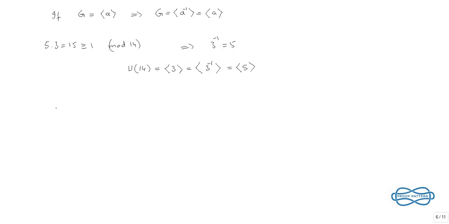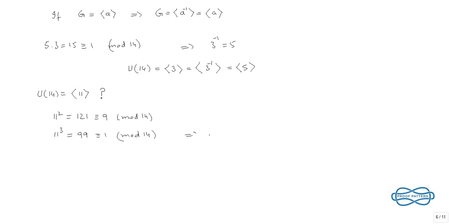Now we have to check whether the unitary group under multiplication modulo 14 can be generated by 11 or not. This is the next part of the question. We take 11 squared, it is 121, which is congruent to 9 mod 14, and now we multiply both sides by 11 and we get 99, which is congruent to 1 mod 14.